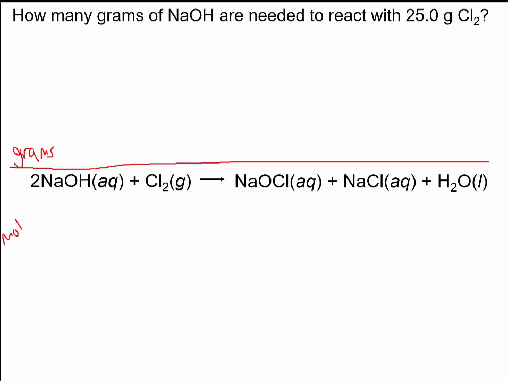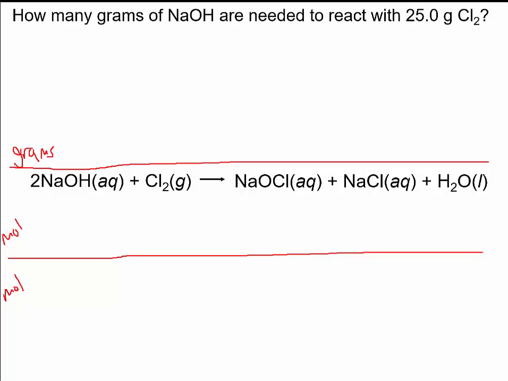I'll put grams on the top, and then because I've got a little more variety in terms of the moles, I'm going to make a number of different levels that relate to the moles of reactants and products that I'm working with. So here I've got grams on the top. I'm going to have one row, and I'll make another row for moles.